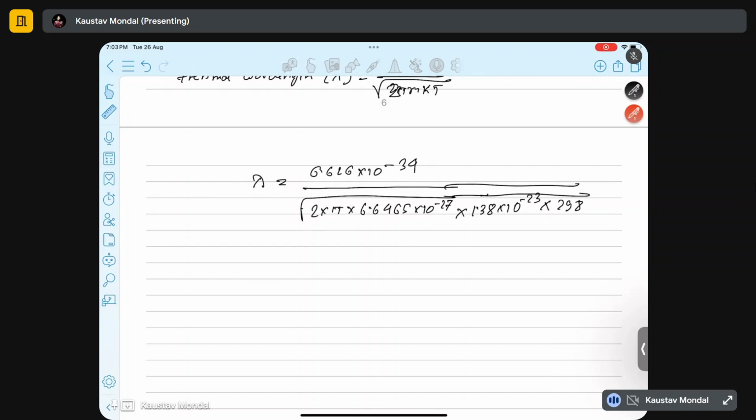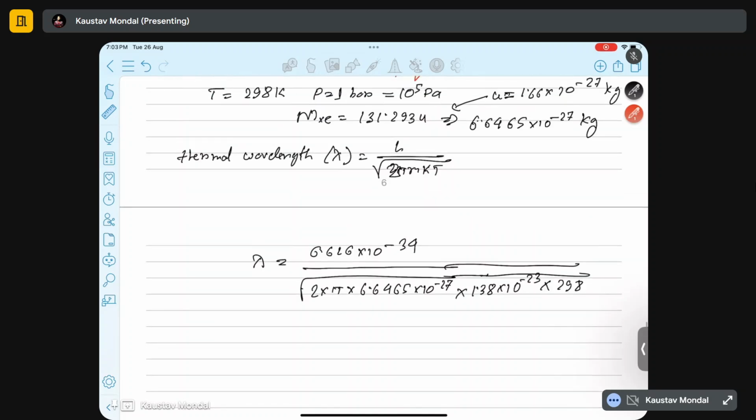Now if you calculate all of this, sorry, the mass is not this, it will be 2.179 into 10 to the minus 25.